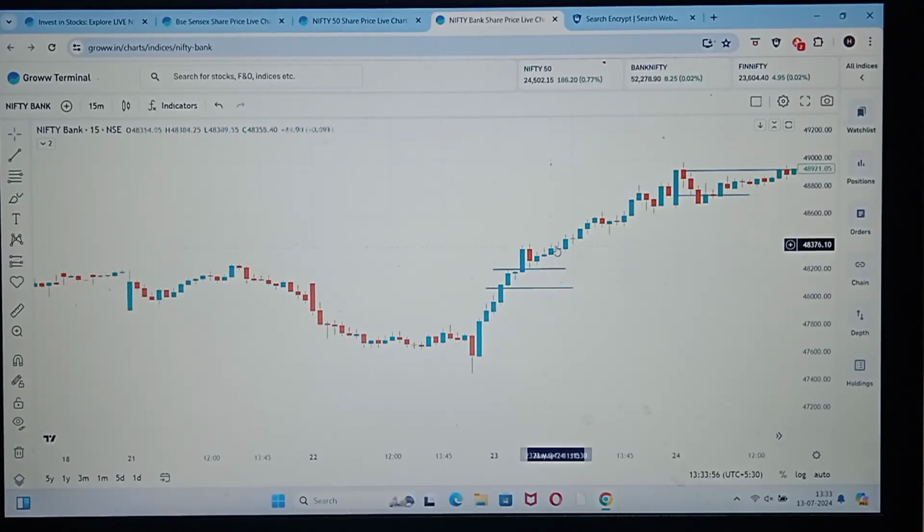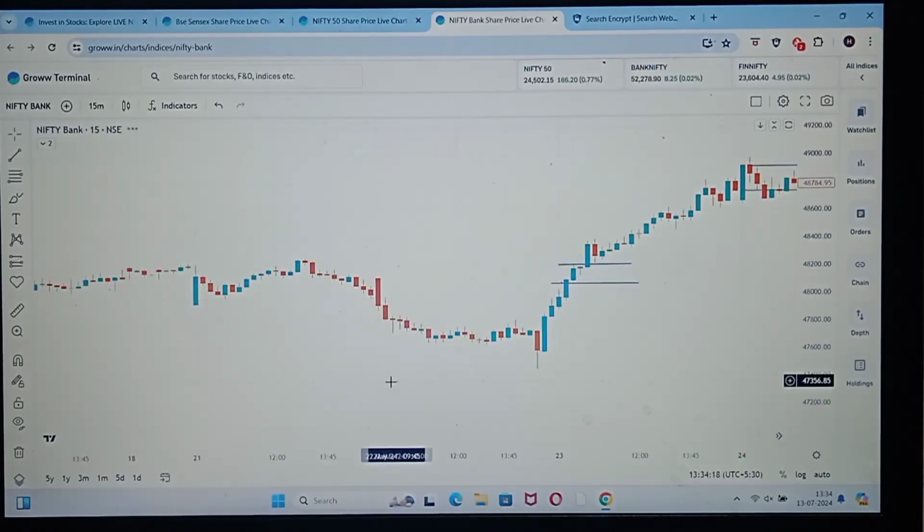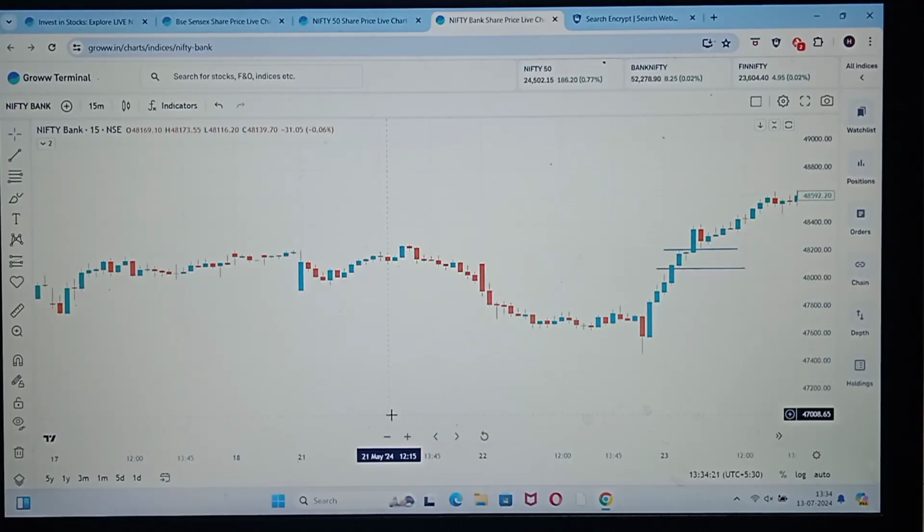From 10:15 easily this candle, if a beginner had taken it at 48,214, you can see this candle alone gave you 150 points. But if you can trail your profit, then see how much profit the market can give you. So it is always recommended to trail your profit.